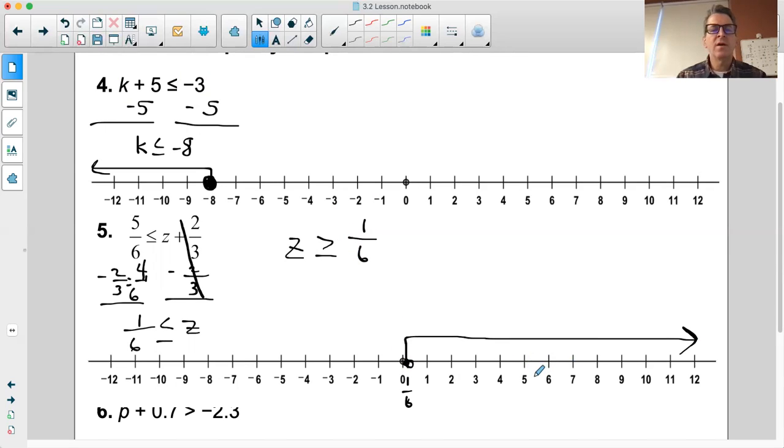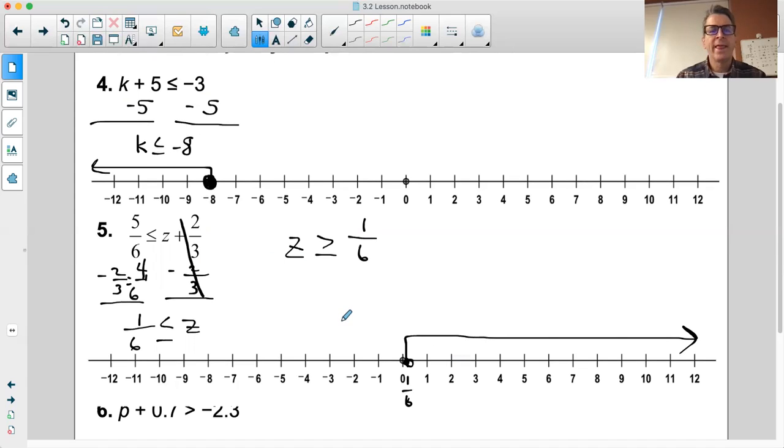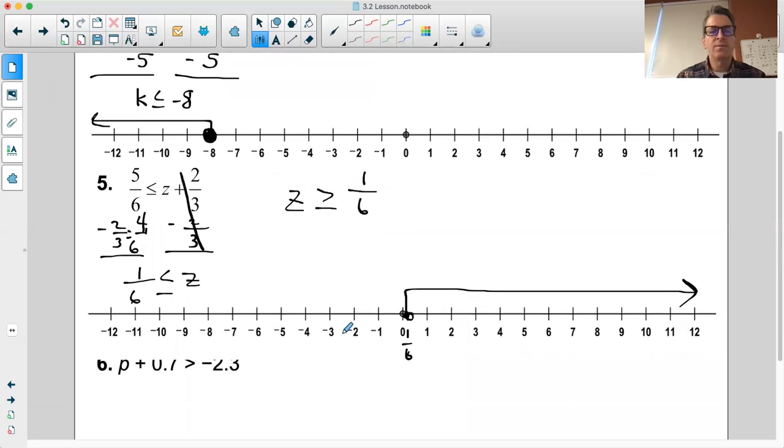So if you think about it, a positive 1/3 plus 2/3 would be 1, and that would be greater than 5/6. Another example would be 2. 2 plus 2/3, or 2 and 2/3, would be greater than 5/6 for that number 5.